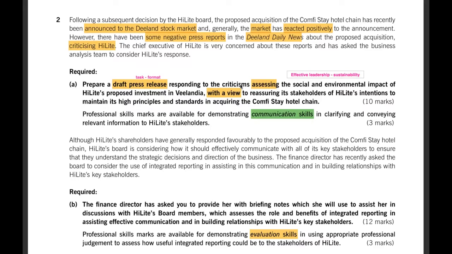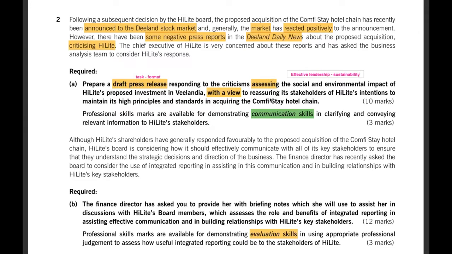All right. When you talk about drafting this press release, remember your intention is to reassure the stakeholders of Highlight of its intention to maintain its high principles and standards in acquiring the Comfy Stay hotel chain. That means telling the stakeholders our intention is still to maintain our high principles and standards, even if we are acquiring the Comfy Stay hotel chain.